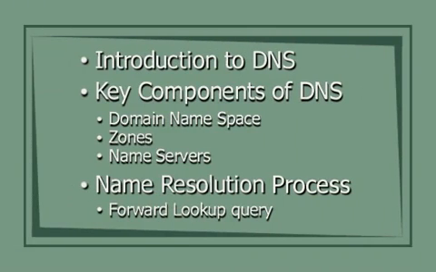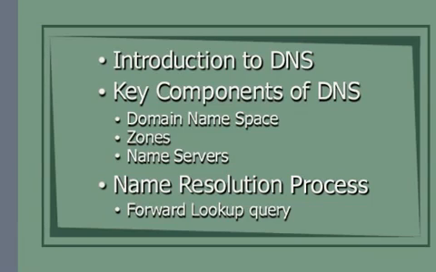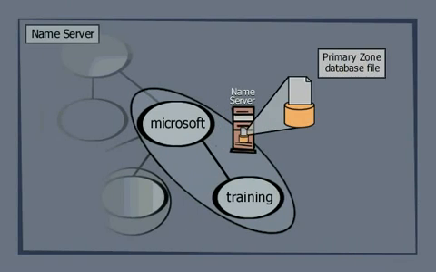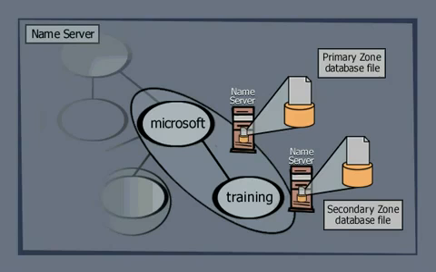DNS, or the Domain Name System, is an integral part of client-server communications in TCP/IP networks. The domain namespace may be divided into zones for administrative purposes. Name servers for each zone store either the primary zone database file or the secondary zone database files that contain the name-to-IP address data for that zone. Zone files are kept up to date by the zone transfer process.